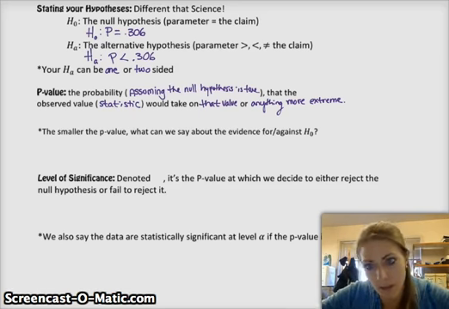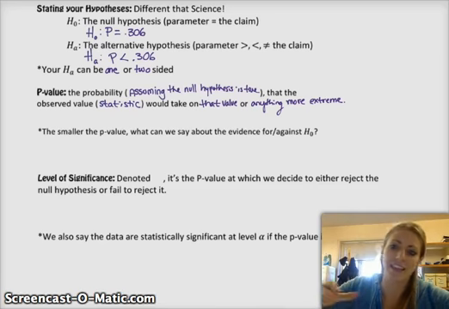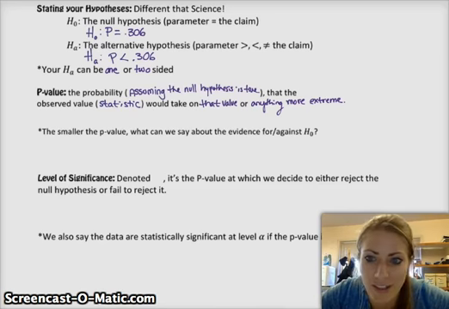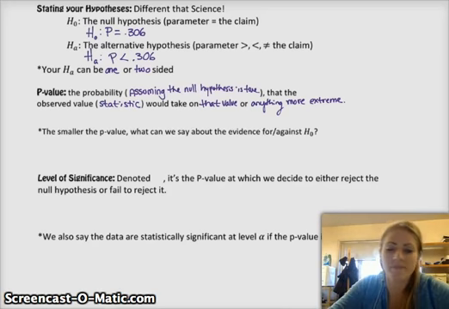So, the smaller the p-value, you can start thinking that the null hypothesis is less and less true. Ish.